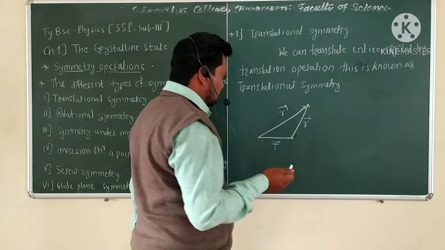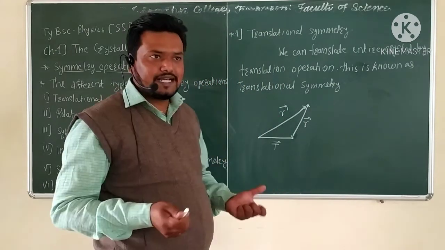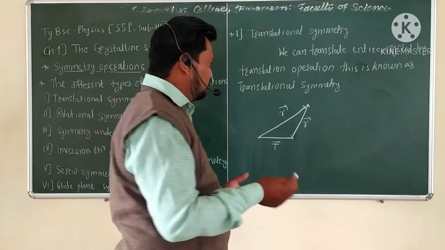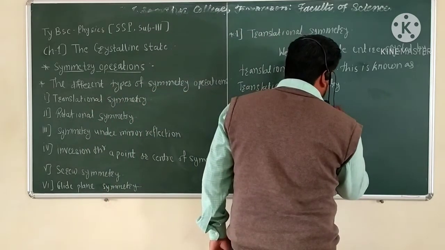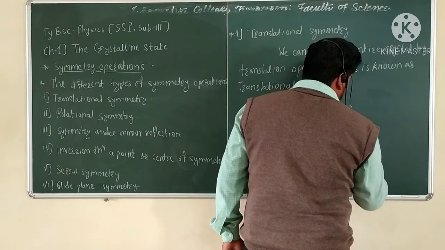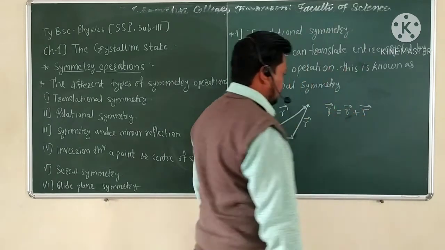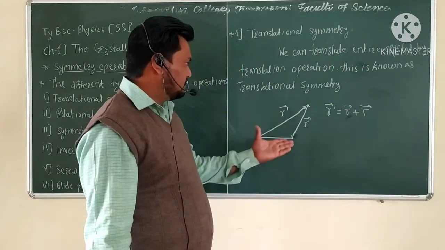The relation is R bar prime is equal to vector R bar plus the translational operator T bar.